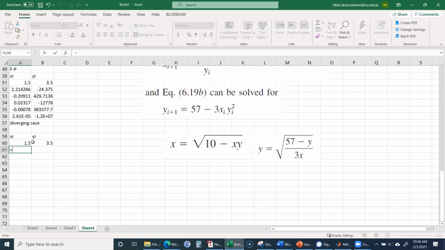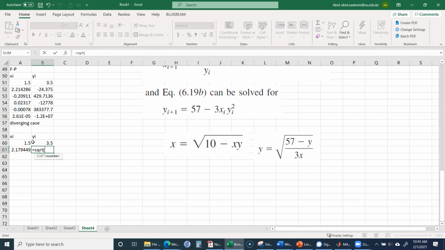That is equal to the sqrt function, square root of 10 minus xy. So x is this, and y is this value, okay. And now 2.17494 I get.